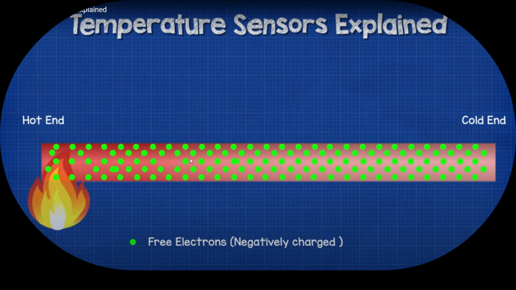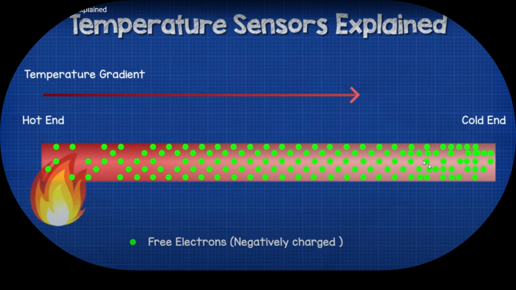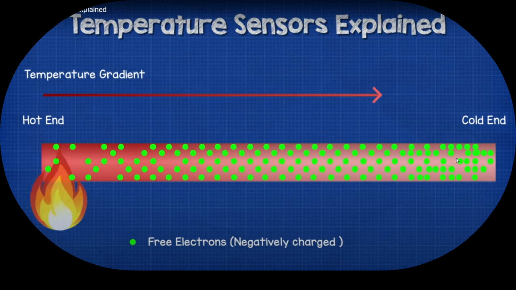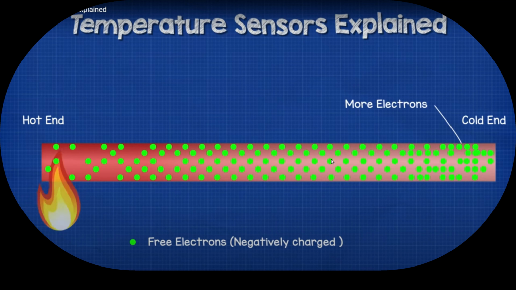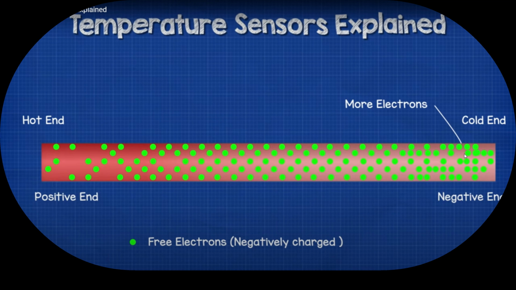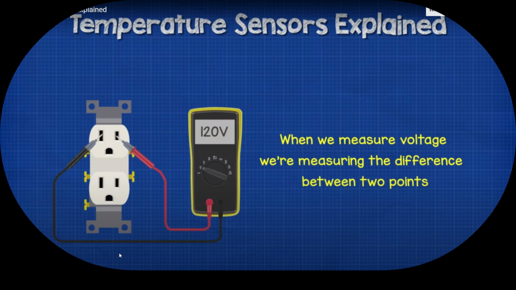This leads to electrons going from the hot end to the cold end, so the amount of electrons becomes more in the cold end. This movement of electrons will create a current, with more electrons on the negative side and fewer on the positive side of the rod.